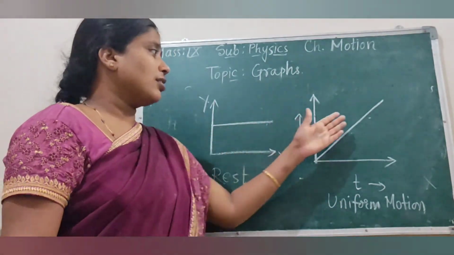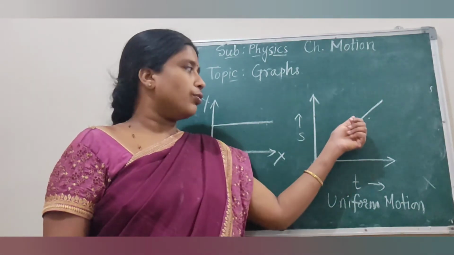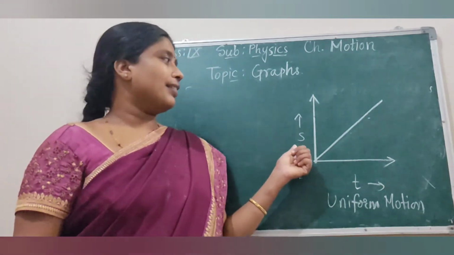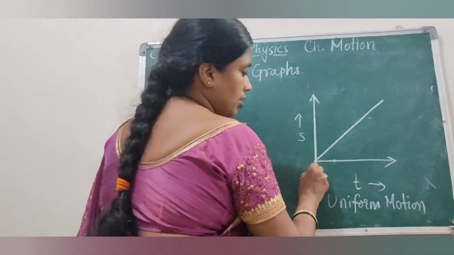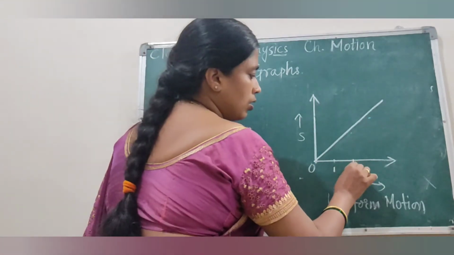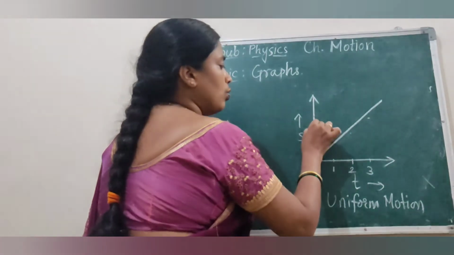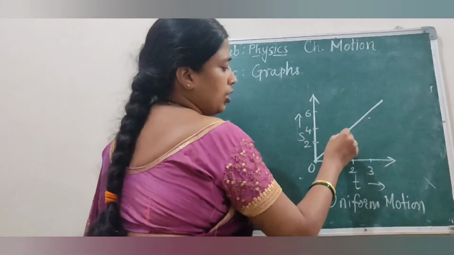Now, how to calculate the slope of the graph? I will tell you now how to find the slope of the graph. Now, in this graph, if you plot some values, like this is 1, 2, 3, and this is 2, 4, and 6.